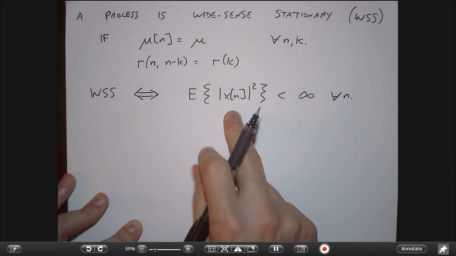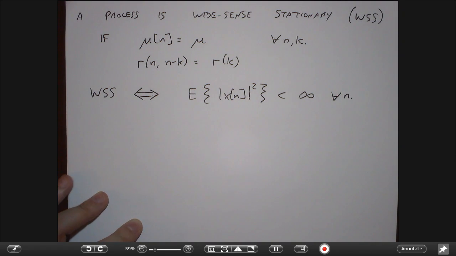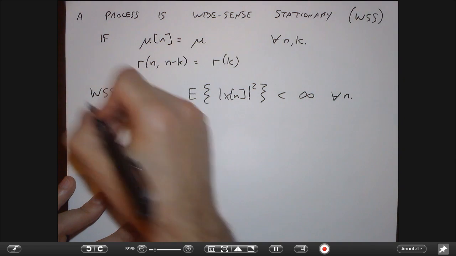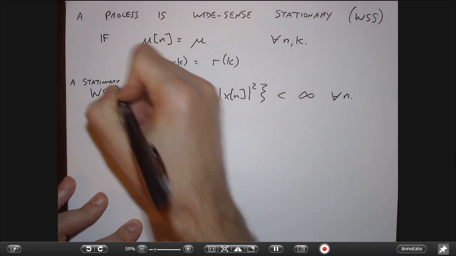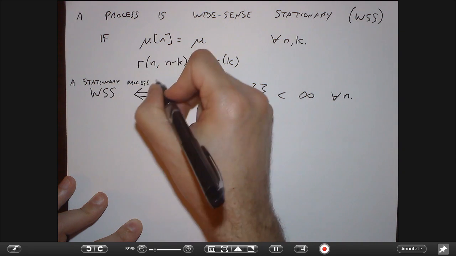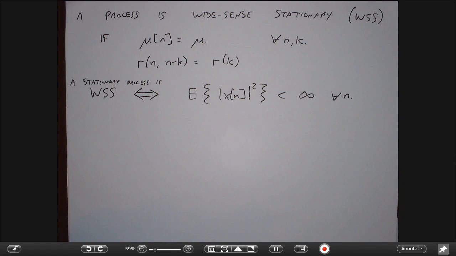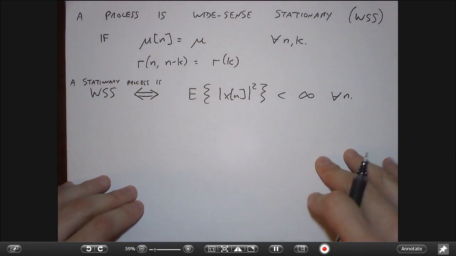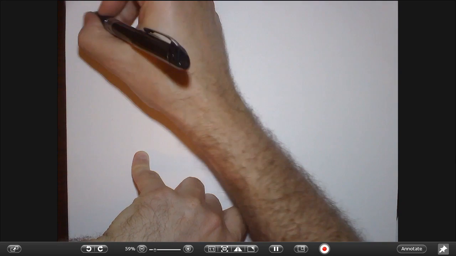Okay, so I should be clear. A stationary process is wide sense stationary if these things are true. Okay. So let's take a closer look at this correlation matrix.